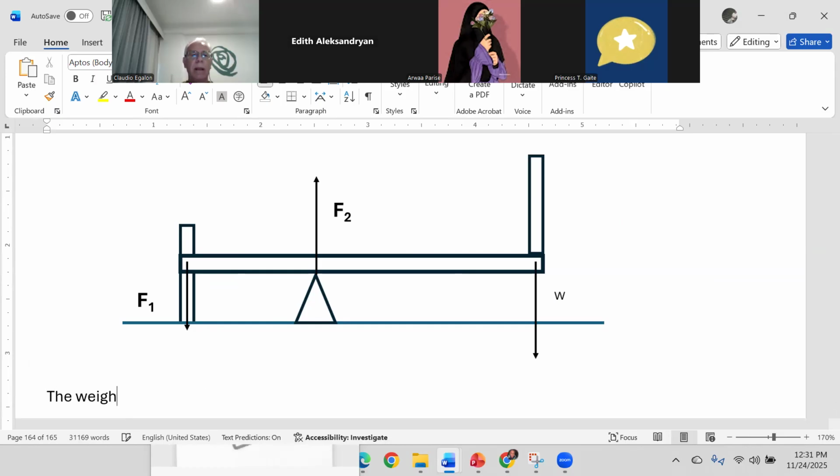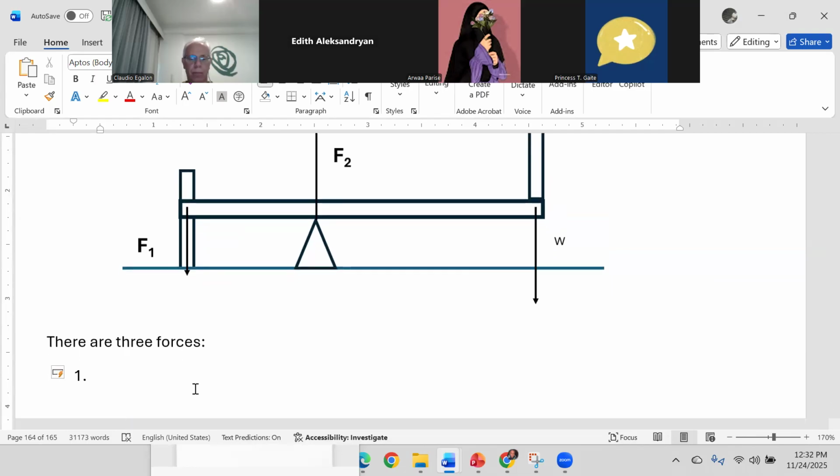There are three forces. One, the weight of the diver on the extreme right of the board.